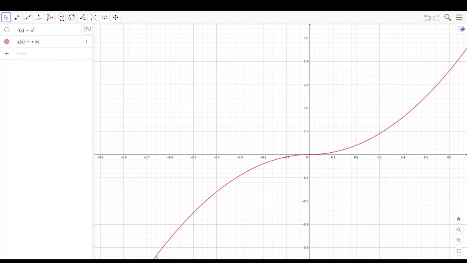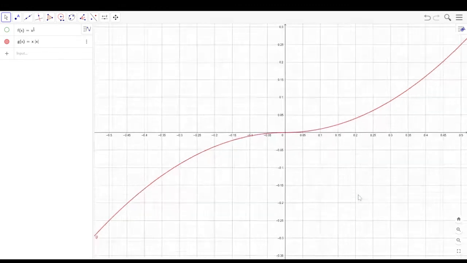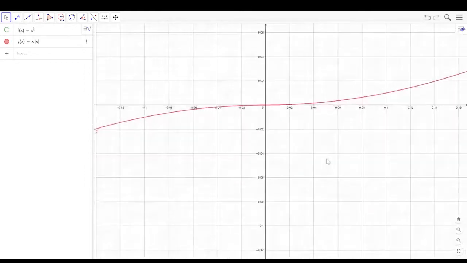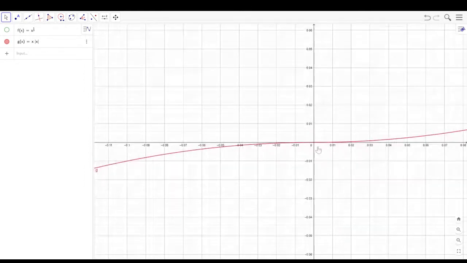Who can tell me on the chat? Does it look like, just from the picture, does it look like this function is differentiable at 0 or not? Anna says yes. What do you think? Anna says yes. Anyone else? Kevin says yes. Does this graph have a tangent line at the origin?